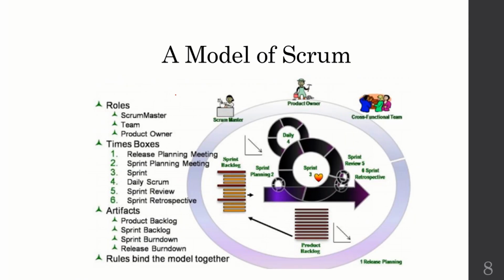So this slide is presenting the complete breakdown of a Scrum model, which basically comprises roles, then we have time boxes, artifacts, and finally the rules that are necessary to bind the model together. We will learn these concepts in our coming slides stepwise.